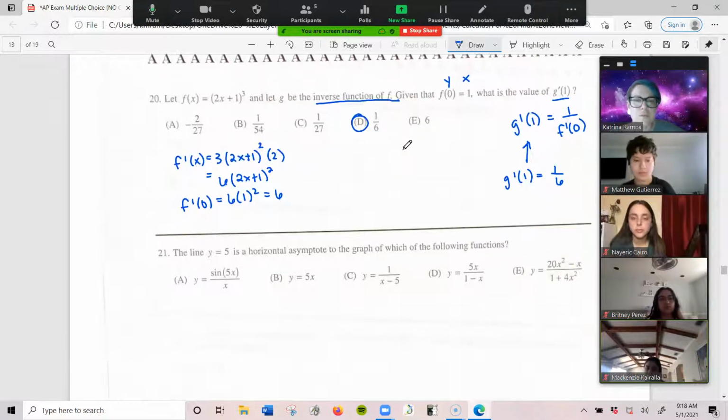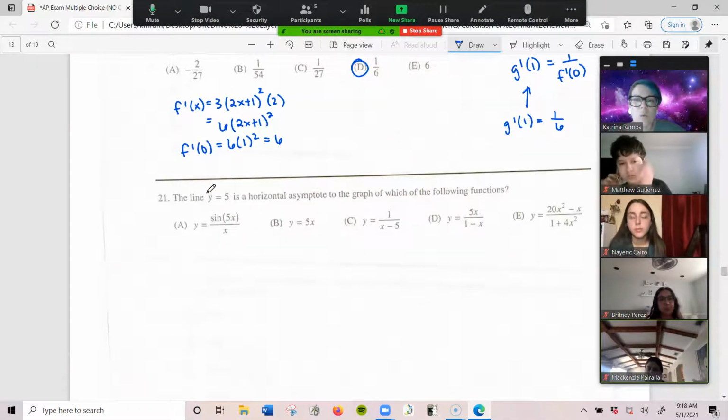Moving on to 21. The line y is equal to 5 is a horizontal asymptote to the graph of which of the following functions? So remember the three rules when you're looking for a horizontal asymptote. One, if the degree of the numerator is smaller than the degree of the denominator, then you have a horizontal asymptote at y equals 0.